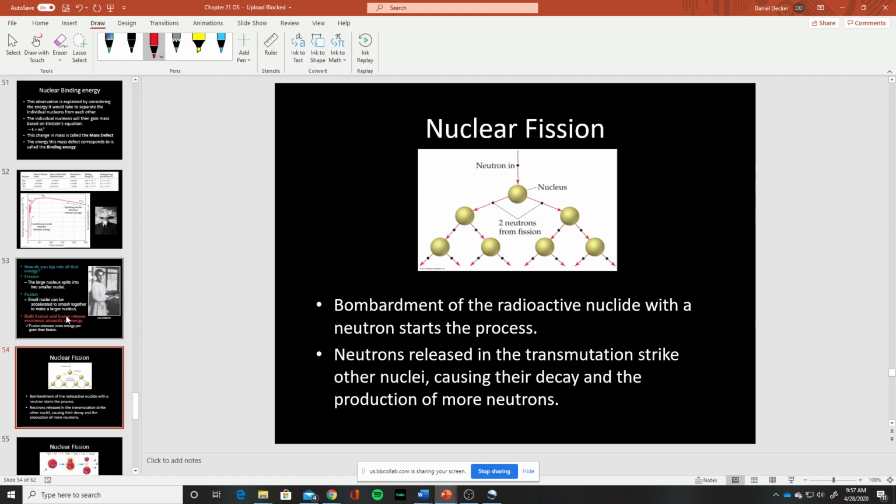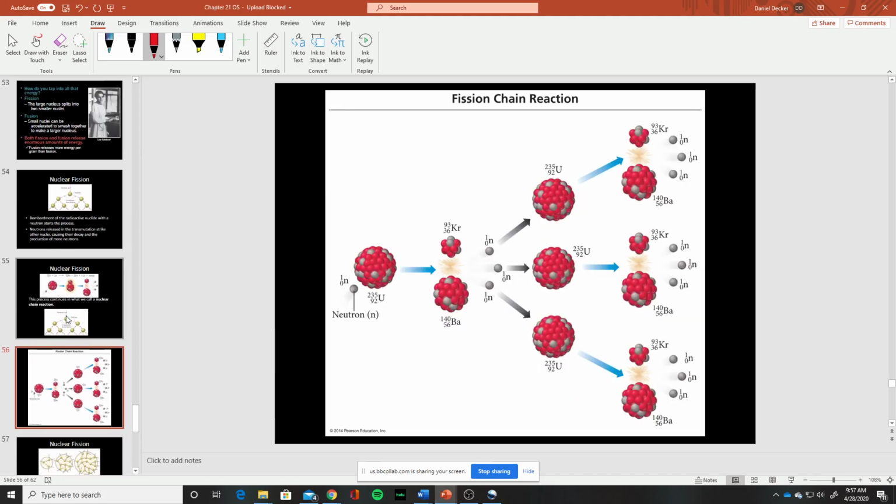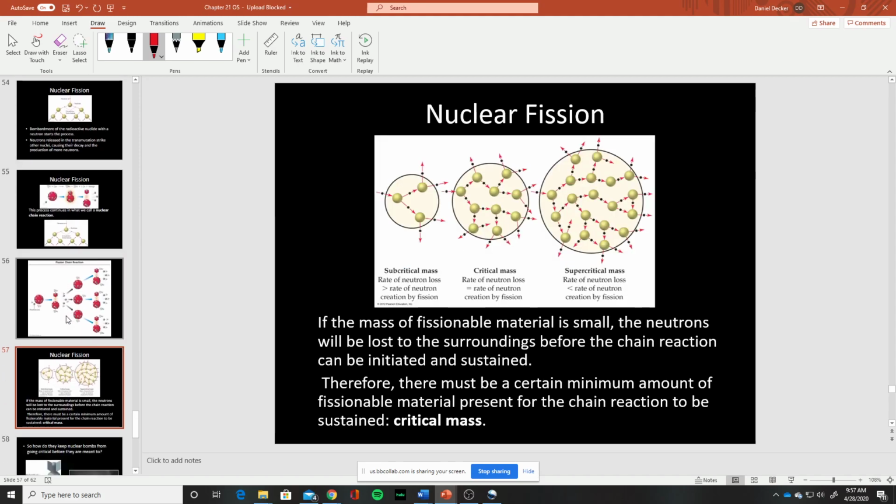In addition to that, when it comes to fission, you should understand the chain reaction that we talked about in the video, and what critical mass is. So you should understand that critical mass is the point where we're losing as many neutrons as we're gaining.